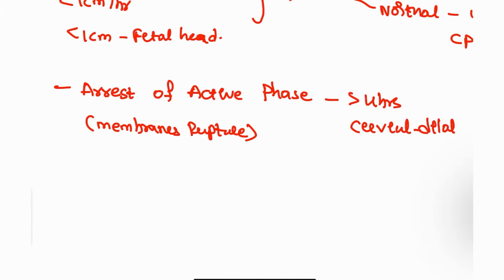Then it is considered an arrest of the active phase. What we can do for this patient is, if the uterine contractions are normal, then oxytocin can be given. Or else we can go for the treatment of cesarean section. Despite the oxytocin, if for more than 4 hours the cervical dilatation is still arrested, then go for the C-section.